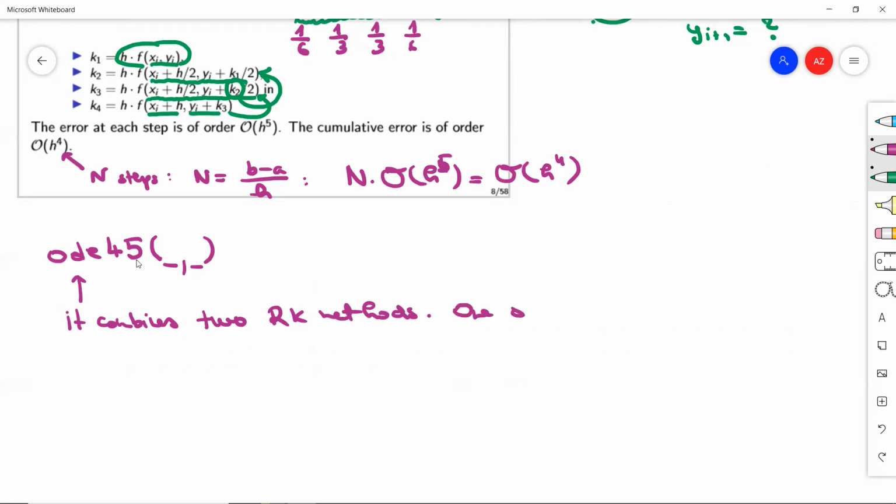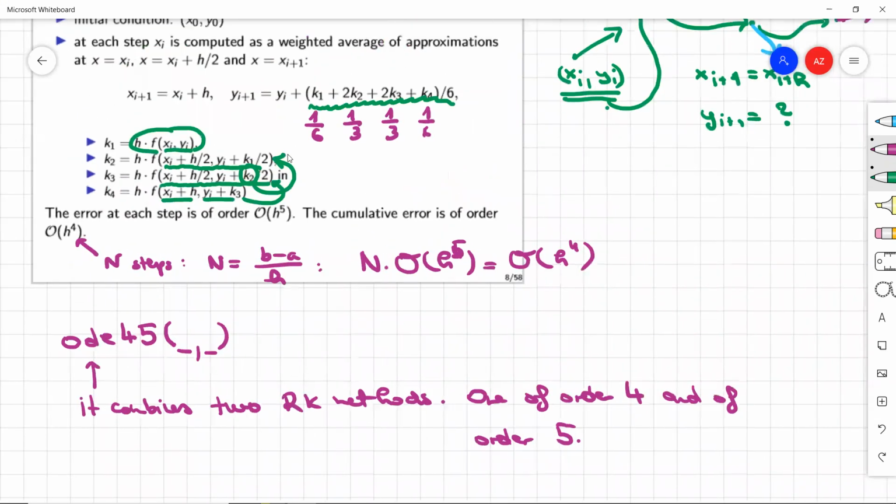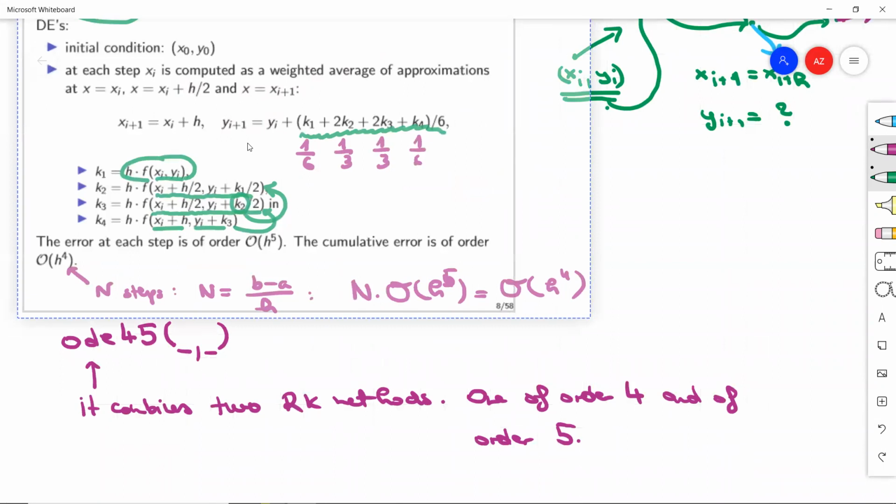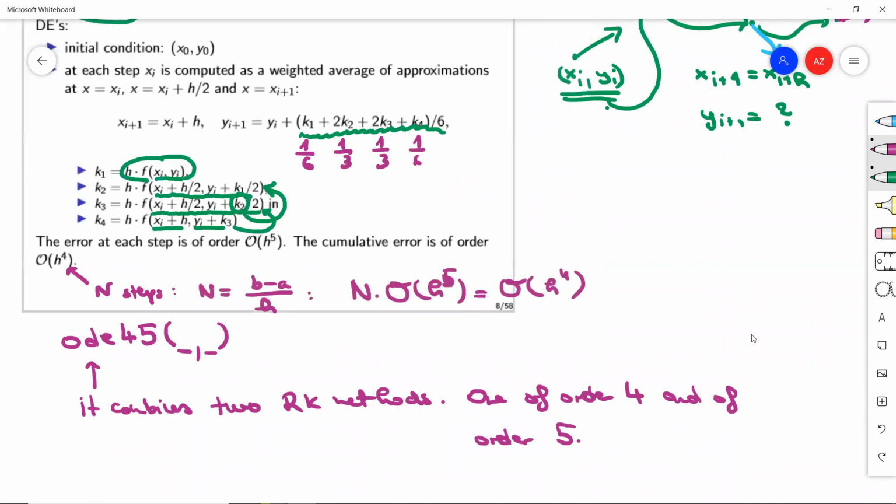One of order 4 and one of order 5. And it is much quicker than the usual Runge-Kutta method of order 4. And why is it much quicker?